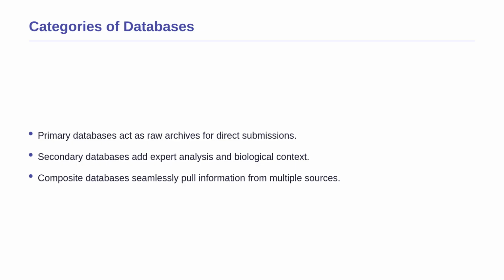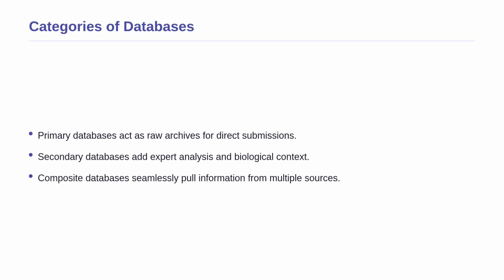Building on that definition, we must recognize that not all databases serve the same purpose. These databases are generally divided into 3 main categories based on how the data is processed and verified. First, we have primary databases, like GenBank, which act as raw archives where scientists directly submit their newly discovered sequences without much alteration.